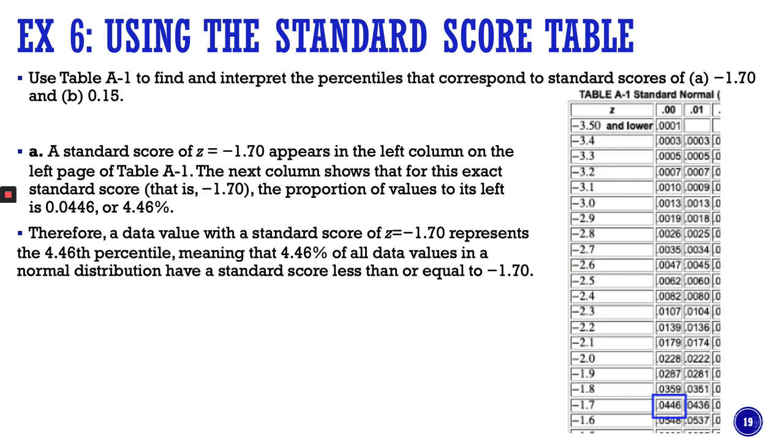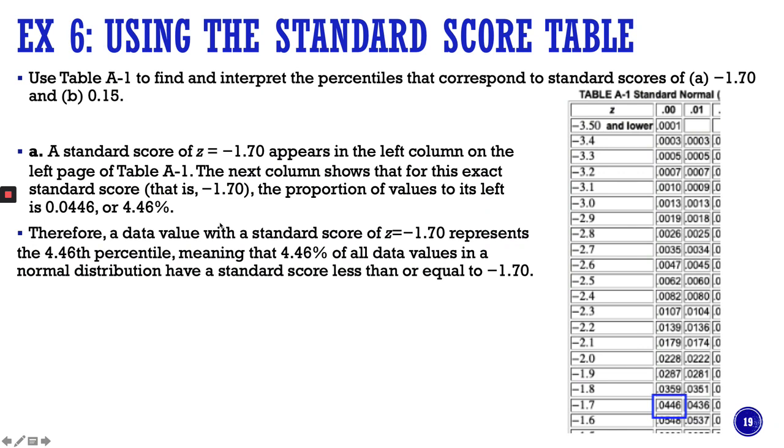The next column shows that for this exact standard score, the proportion of values to its left is 0.0446, or changing it to a percentage, we move our decimal place over 2 places and we get 4.46%.